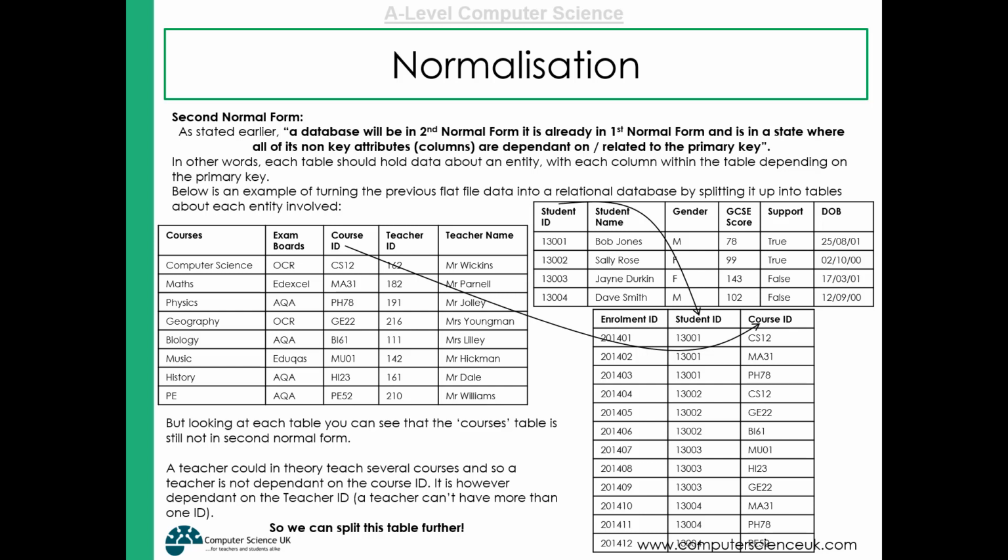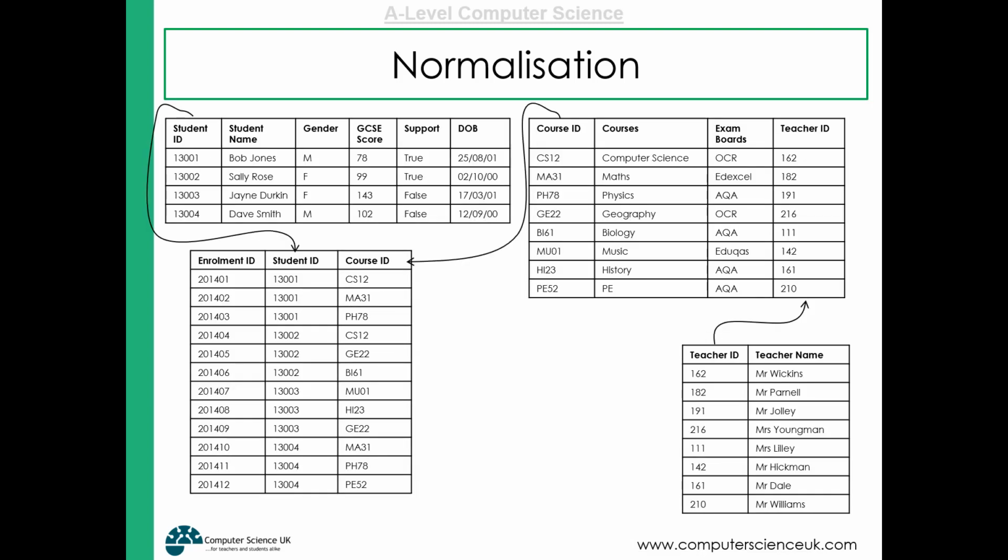So a teacher is actually only really dependent on their ID. They're not necessarily dependent on the course. So let's split it up even further. So now we've got an example where we've got our student table, our courses table, and our teachers table.